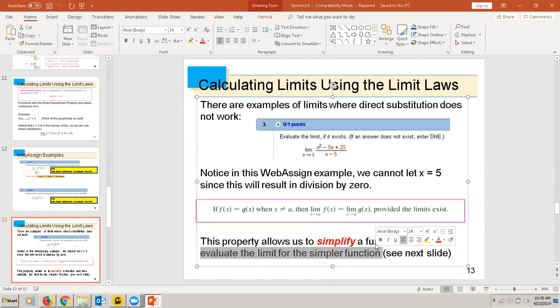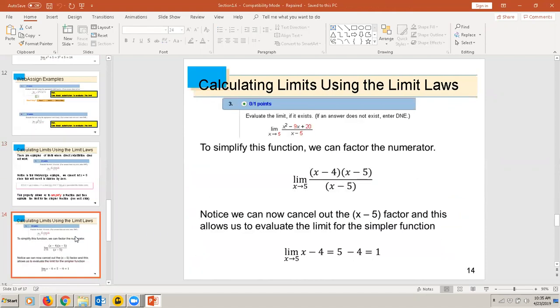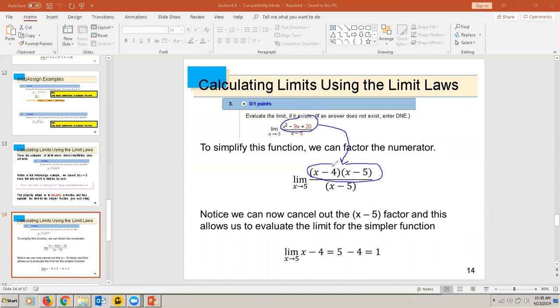Now, when I say simplify, you might be able to cancel out a common factor on the top and bottom of this example. So let's go ahead and do this example then using that property. Let me go to the top of this fraction, and I'm noticing for the top, I can factor x squared minus 9x plus 20 as x minus 4 times x minus 5.